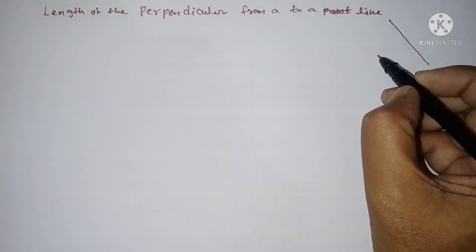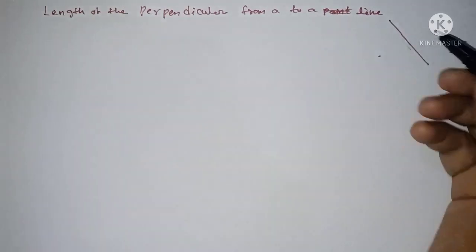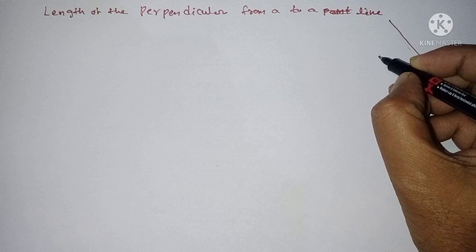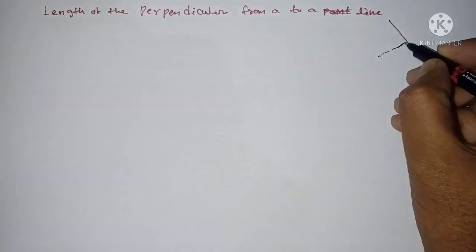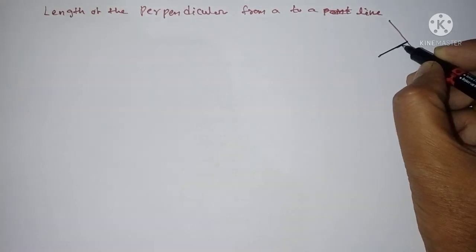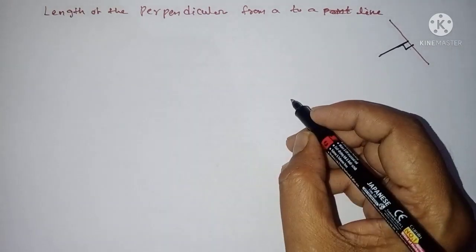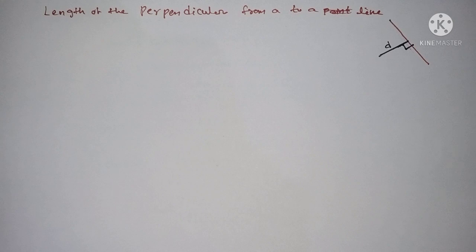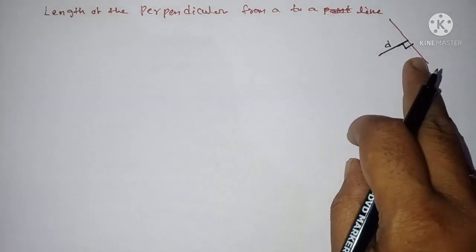You can take any point opposite to the line, and then you can draw a perpendicular line. This is perpendicular, and this is called D, the perpendicular distance from the line only.